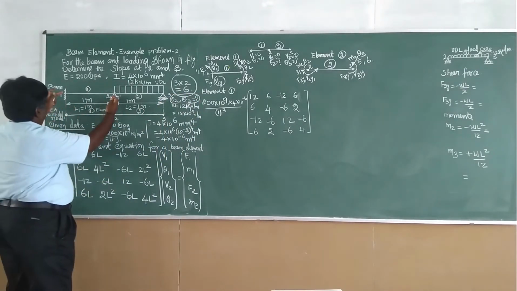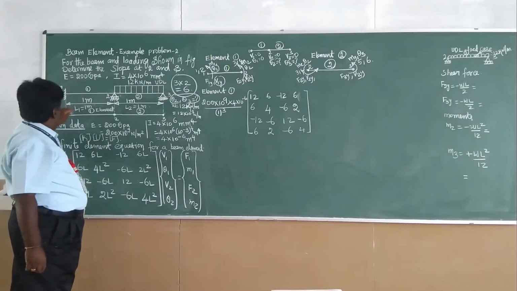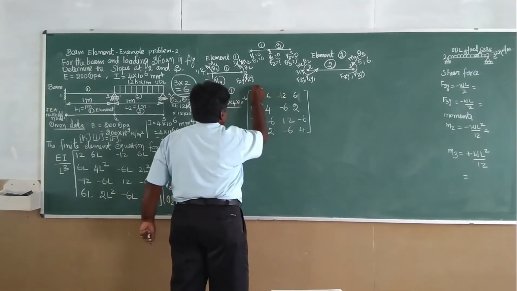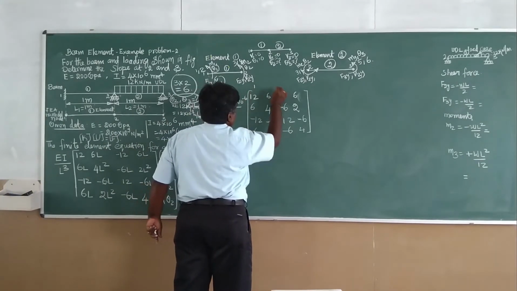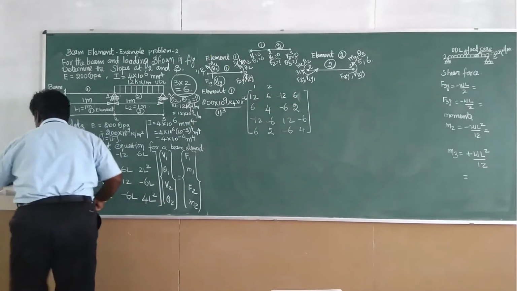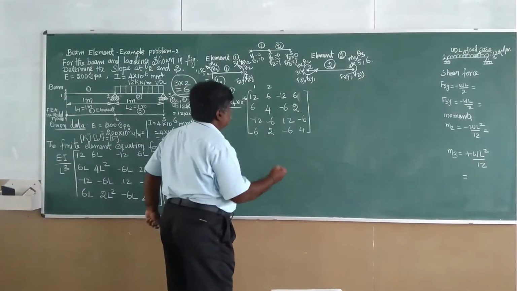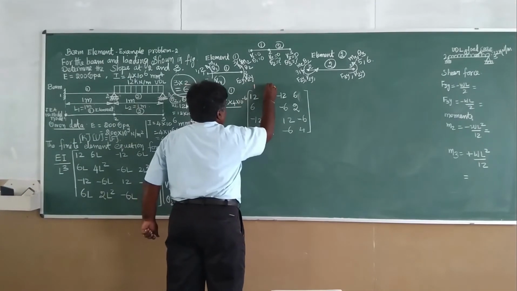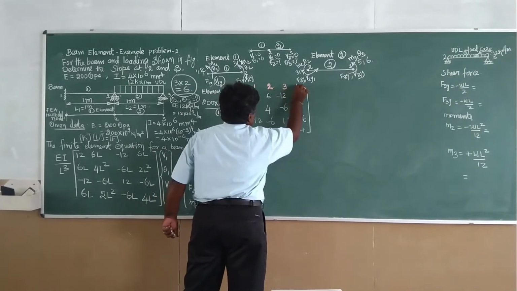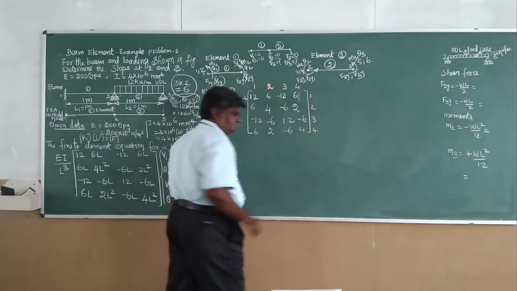So we have to consider nodal points 1 and 2. I am giving the global numbers 1, 2, using another color, 1, 2, 3, 4.